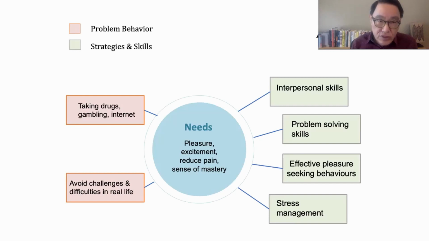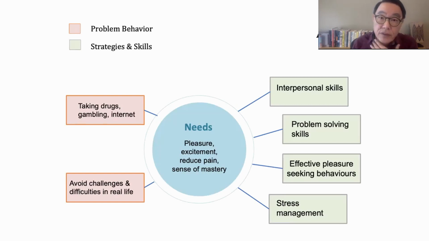So when you see what you're doing, as shown in this diagram, you ask, what needs are being met by my behavior? Well, maybe drinking and doing drugs are your major means of attaining pleasure and excitement.